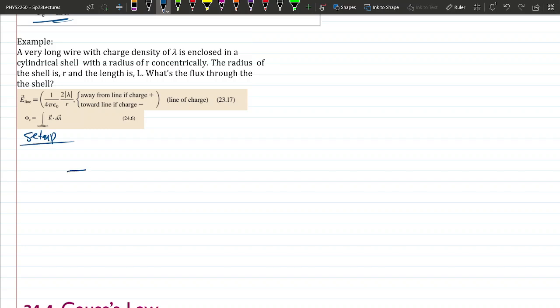So we have some wire, a very, very long wire. And we found that if you have a wire that's charged, it's going to produce an electric field that just points outward from it. In fact, the strength of that electric field is given by this formula. This is the electric field from a line of charge. So let's draw that. I'm going to draw not too many electric field lines, just for time's sake.